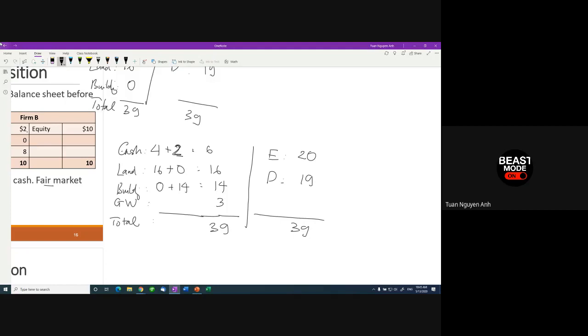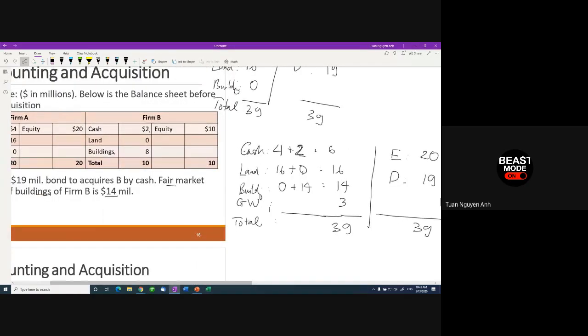So what is the goodwill here? Goodwill is something like the synergy. We think about the future. Here is the current value. For the current value, we buy firm B, so we have 2 more million in cash, and the fair value of the building is 14. The total of the assets we buy for now is 2 million in cash and 14 for the building, so it is equal to 16, but we pay 19.